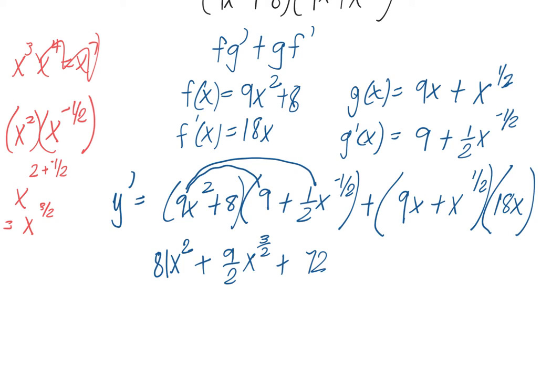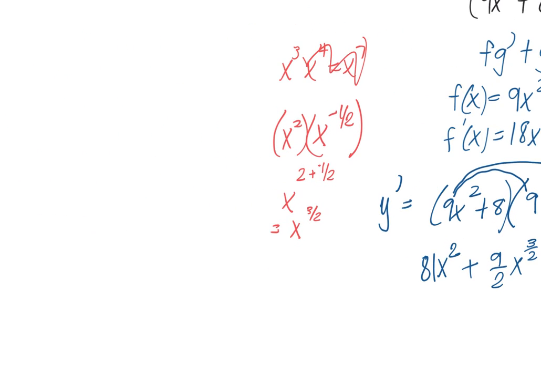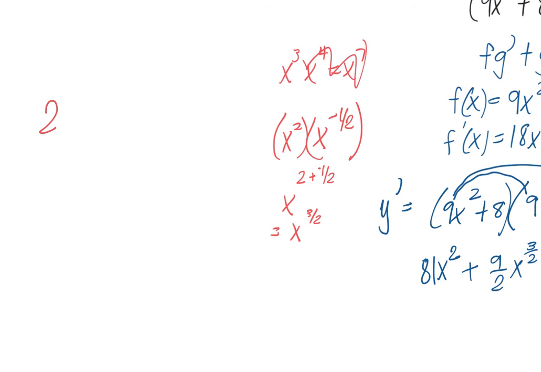You add them. Because for me, 2 minus 1, it's 1. But it's not 2 minus 1. This is my problem. If you're adding 2 and negative 1/2 together by hand, they have to have the same denominator.